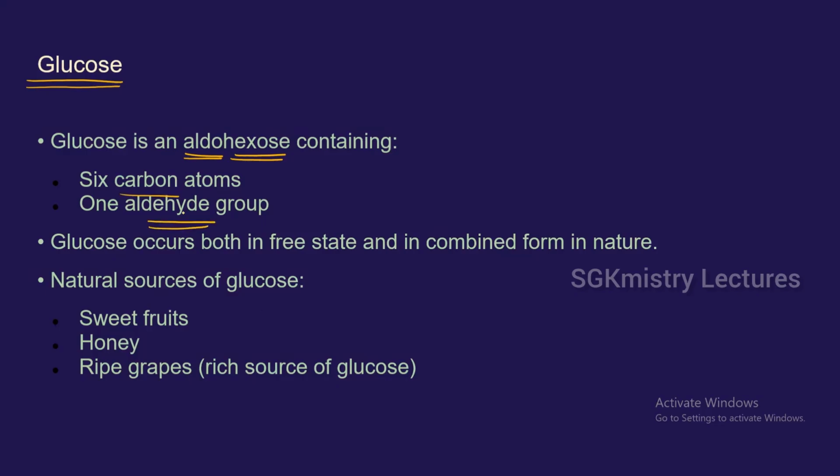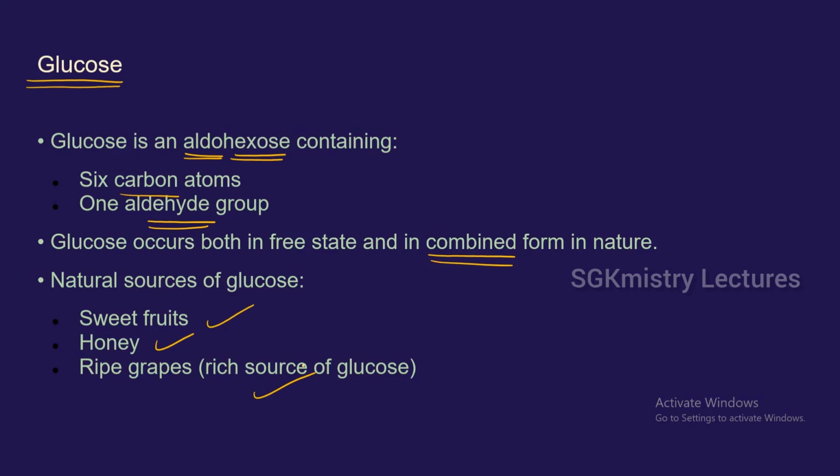Glucose can occur freely in nature as well as in combined form. It is present in sweet fruits, in honey, and also in ripe grapes, which are rich in glucose.